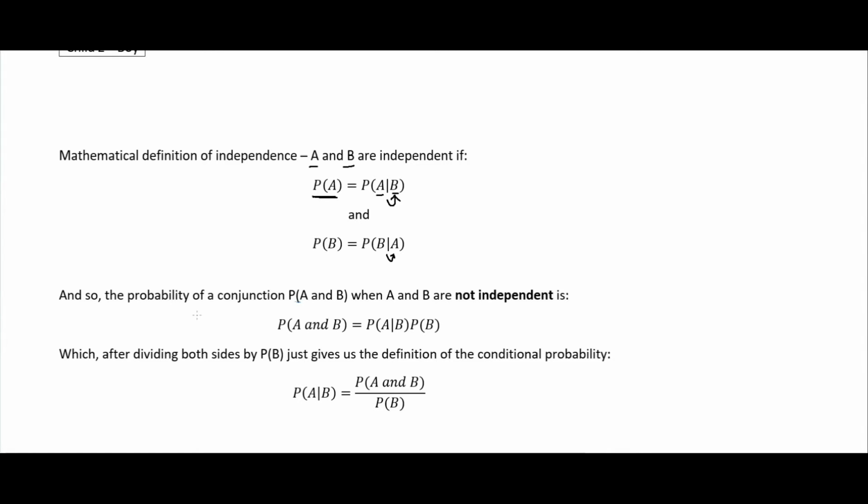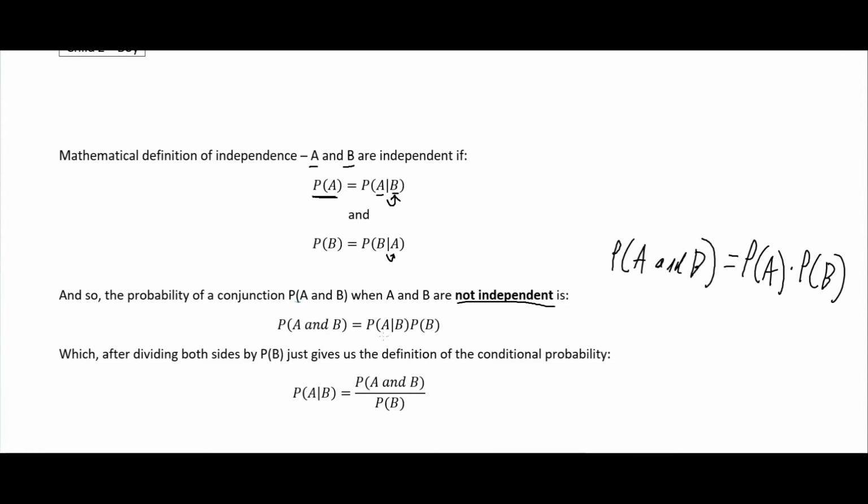And so the probability of a conjunction, P(A and B), when A and B are not independent is this. I said in the conjunction video that the probability of A and B when independent was just the probability of A times the probability of B. But now that we're not independent, we have this conditional here.